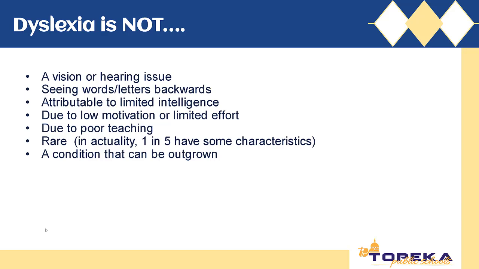Again, students who show characteristics of dyslexia are extremely motivated to learn to read. Dyslexia is not due to poor teaching. Dyslexia is not rare. In actuality, 1 in 5 students come to the classroom with some characteristics of dyslexia. And finally, it is not a condition that can be outgrown.